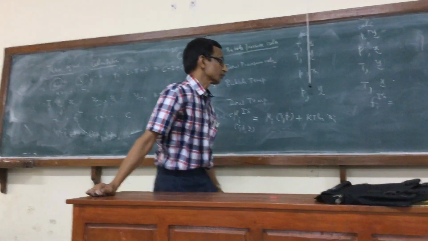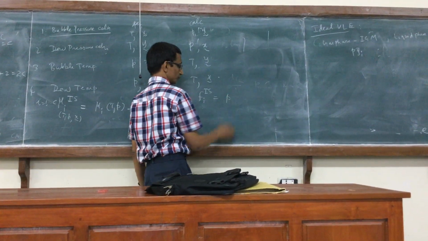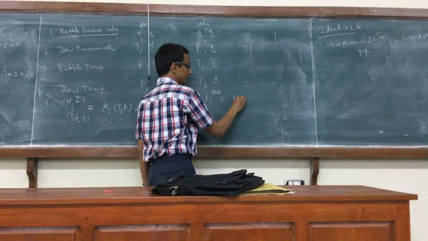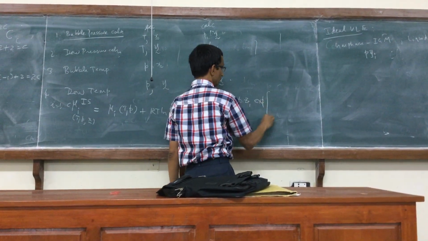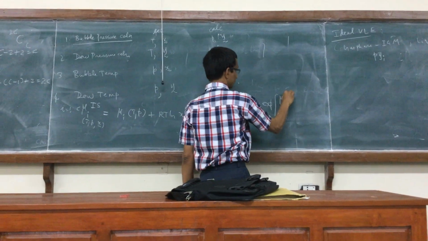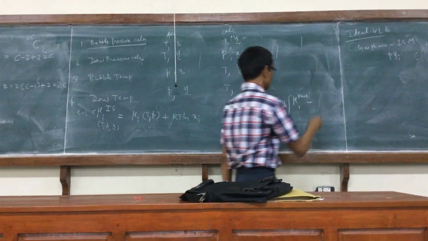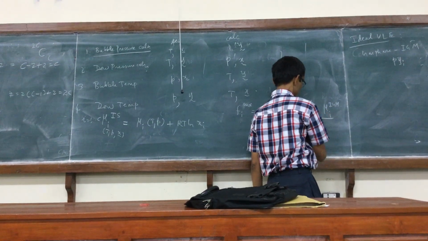How would you define the fugacity of a component in any mixture? P times Zi times the exponential of mu I mix. We always follow the general definition. It is very important to remember the definitions.